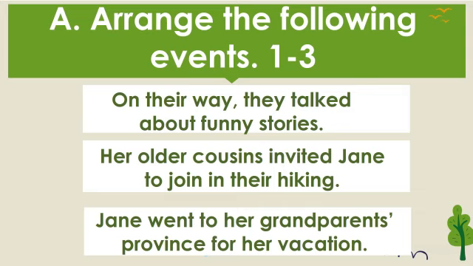Class, what is the first one that happened in the story? It is Jane went to her grandparents' province for her vacation. And then the next one is her older cousins invited Jane to join their hiking. And the third one that happened is on their way, they talk about funny stories.